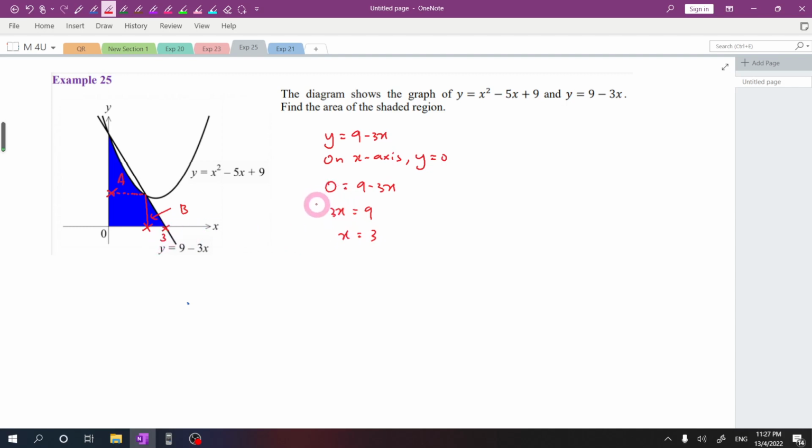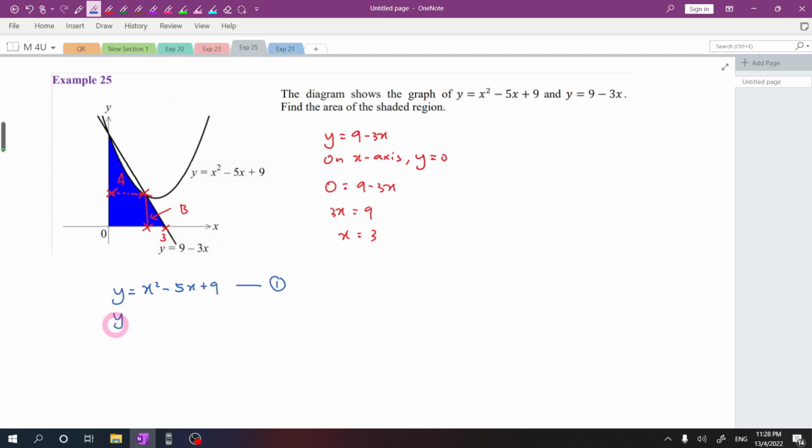The second thing that I'm going to find is the intersection point between the curve and the straight line. We need to solve them simultaneously. So we have two functions here. y is equal to x squared minus 5x plus 9, first function.